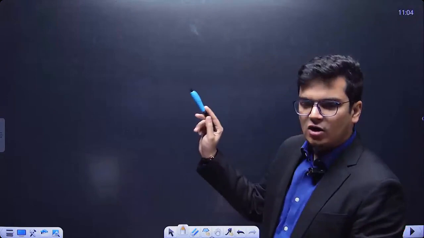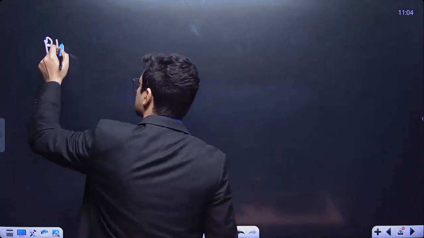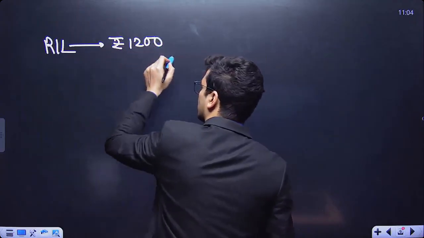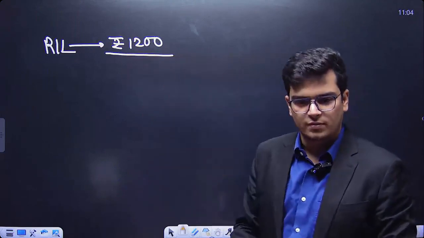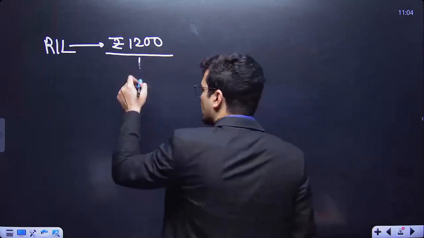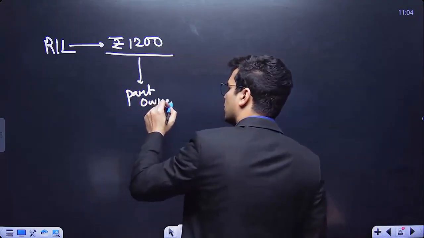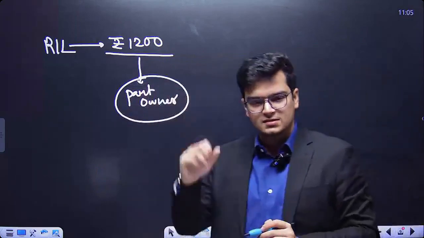Now we will understand the idea of capital gains. For example, I buy a Reliance Industries Limited share for rupees 1200. We have seen this share, it is 1200 rupees, right? I buy this share for 1200 rupees. This makes me a part owner. Even if it's 0.00001%, I am a part owner now of Reliance Industries.